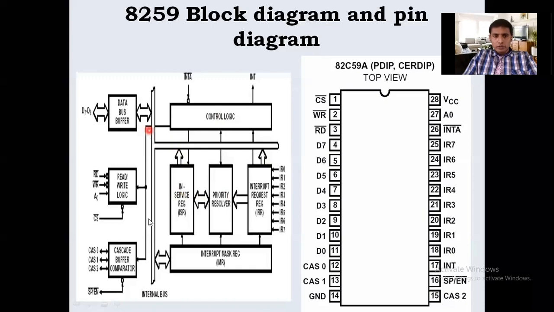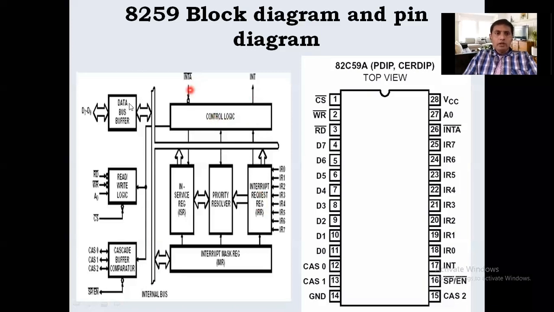This is the internal bus. Then there is the interrupt mask register, which is also connected to IRR and ISR, and it is also connected to the internal bus. Then the control logic is connected to the priority resolver. The interrupt request register information is also given to the control logic. The control logic has 2 pins, INTA and INTA bar.